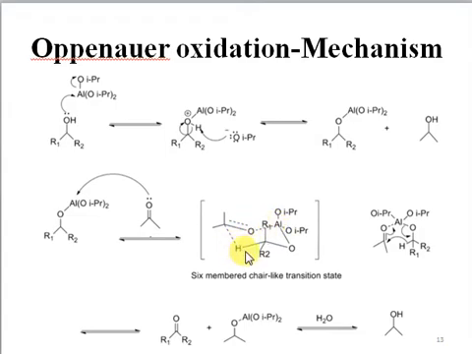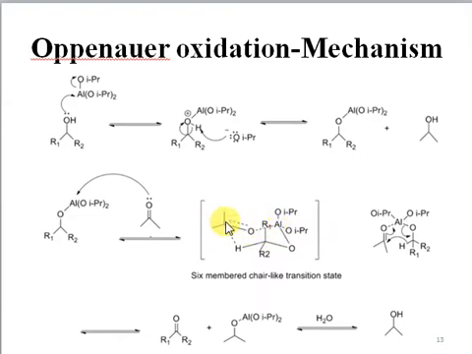So this hydrogen of our alcohol is showing attraction to this carbon of the acetone, right? Why is it showing this attraction? Because this carbon is becoming electron deficient. Pi electron density is moving away from this carbon, because this pi electron density is forming a bond between oxygen and aluminum, right?